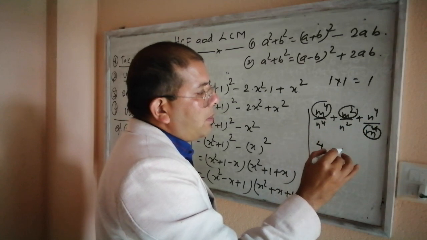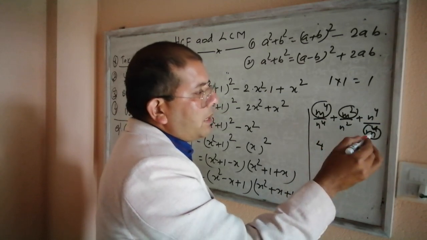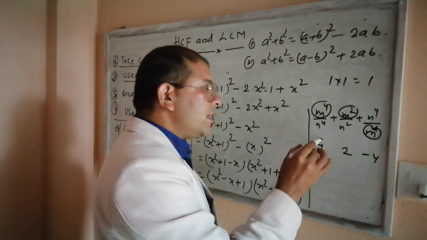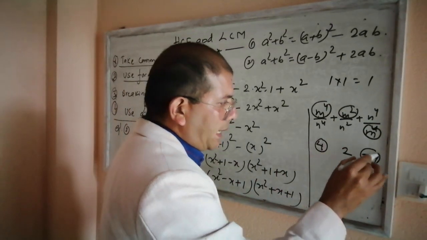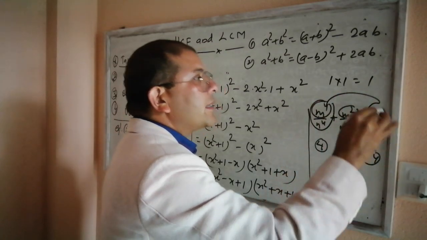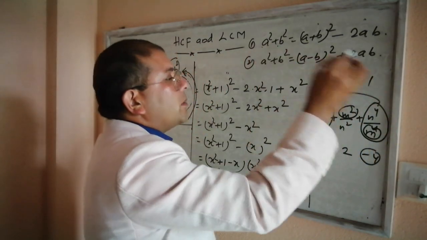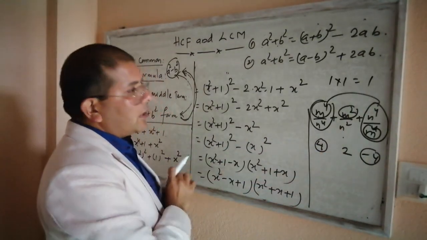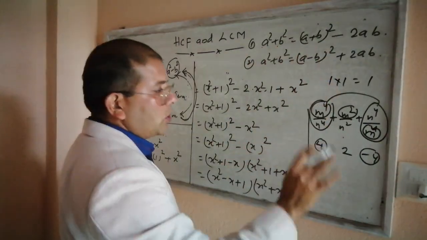Here the degree of m is 2. Here the degree of m, if you write it up, will be minus 4. So the highest is 4, the lowest is minus 4. So take the group of these as a square plus b square. Like this way you can find the form of a square plus b square.